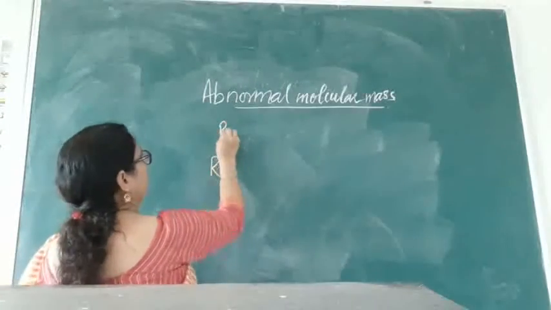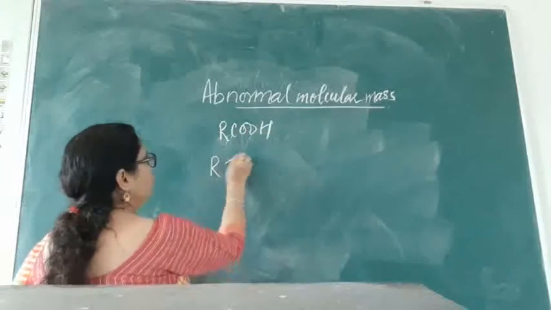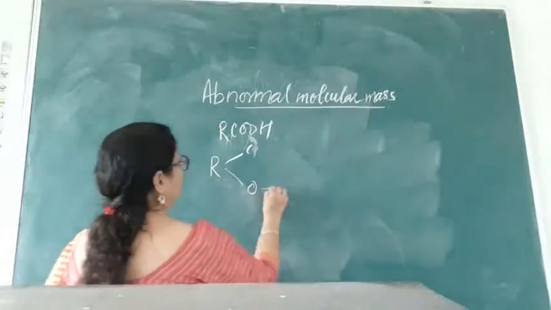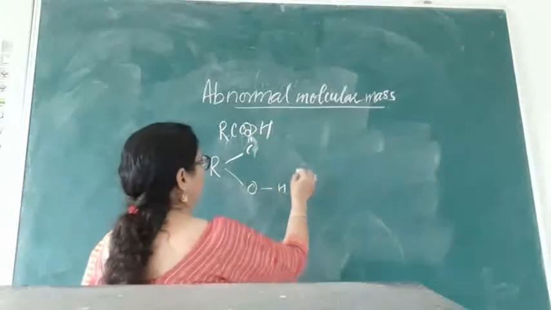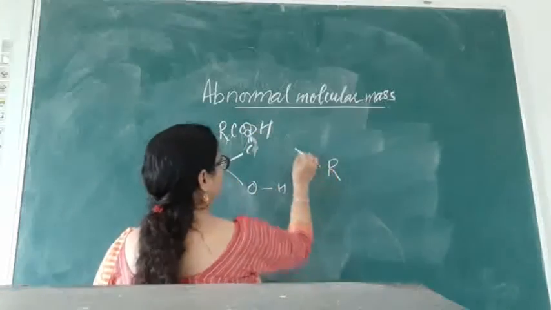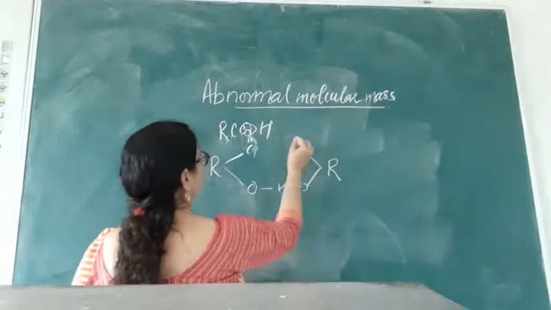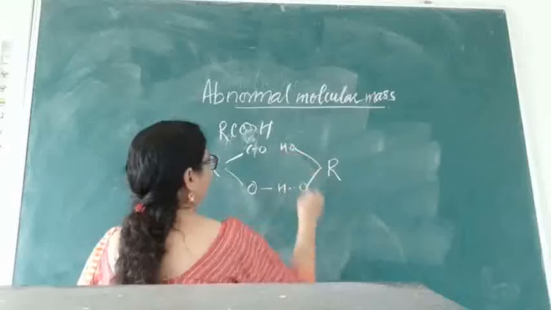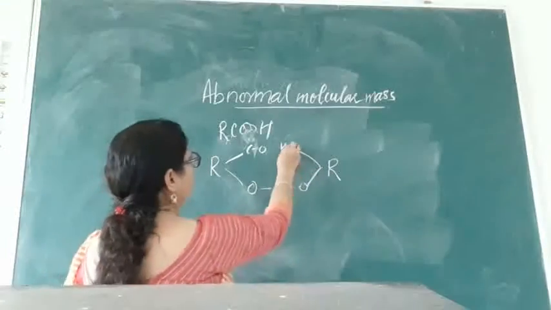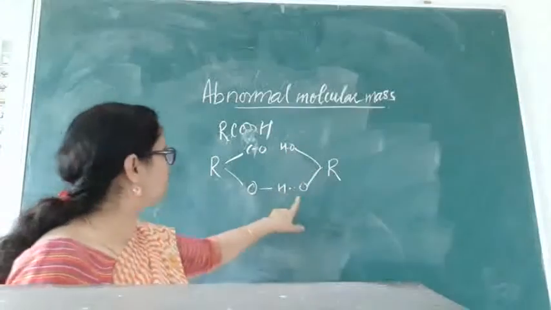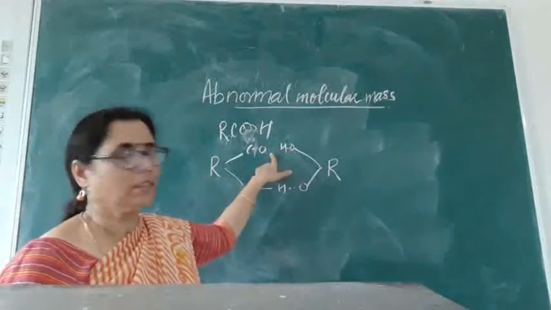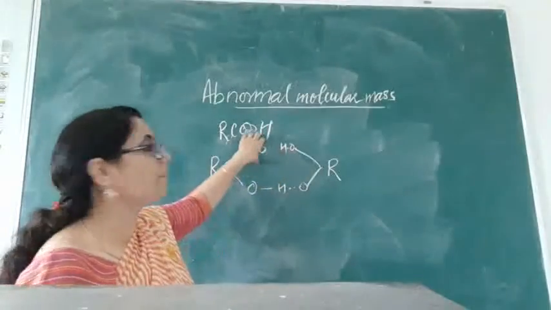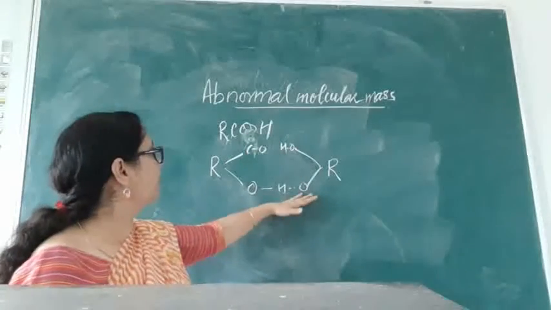Like acetic acid, we know acetic acid is RCOOH, when two molecules of this come together. In this way, you can see the two molecules are associated together by the hydrogen bond that is present. The hydrogen bond is attached from the negative end of one acid to the positive end of the other.